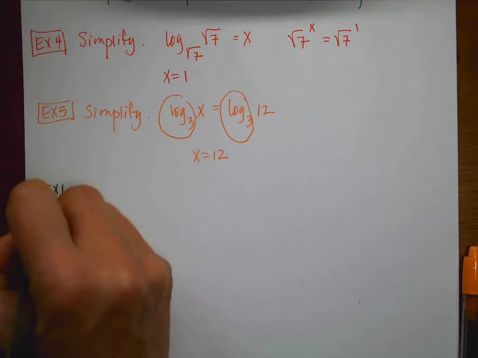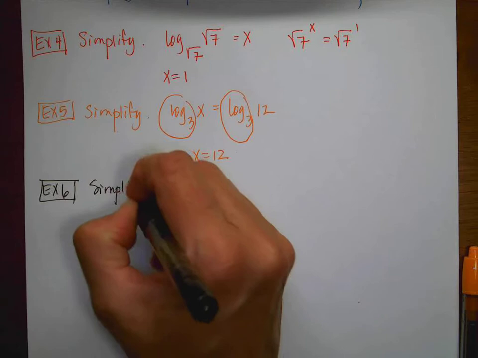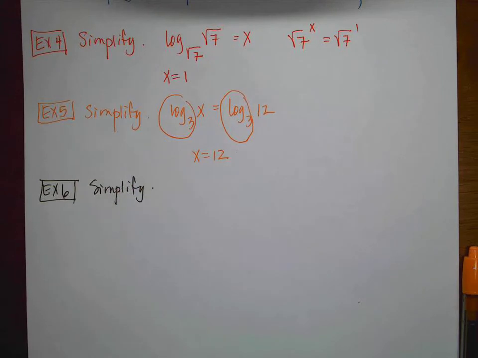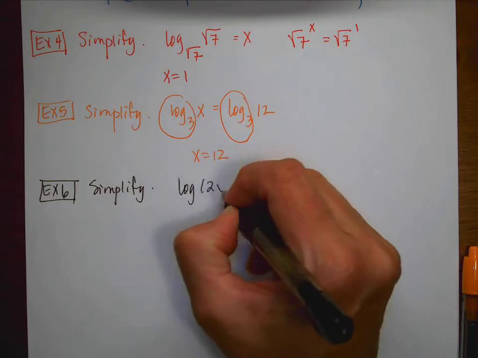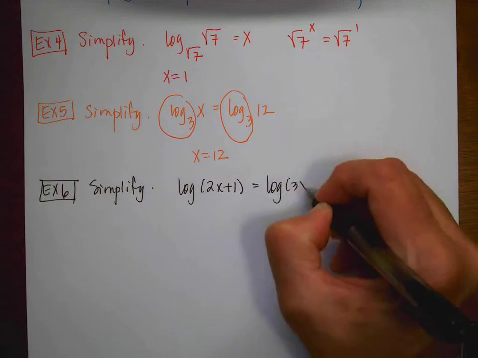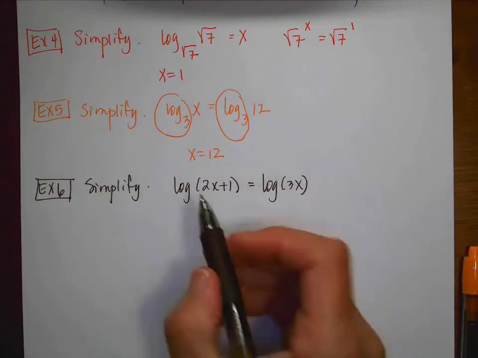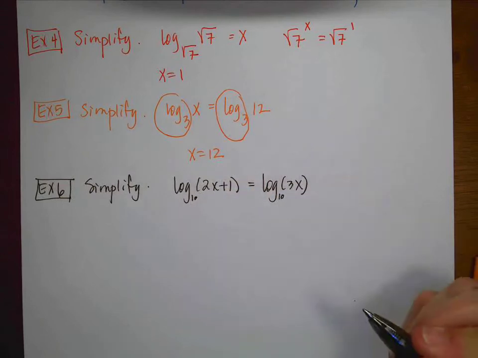Okay, now let's do example 6. Same directions, simplify. And if you haven't noticed, basically all we're doing is walking through the properties of our logarithms. So if I have the log of 2x plus 1 is equal to the log of 3x, notice that the 10 is not written.